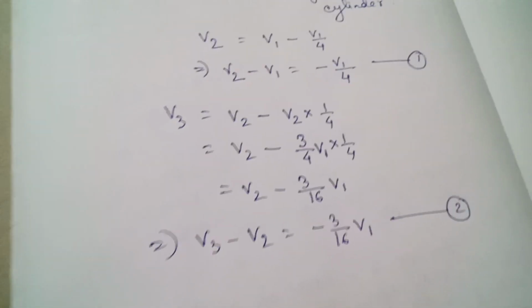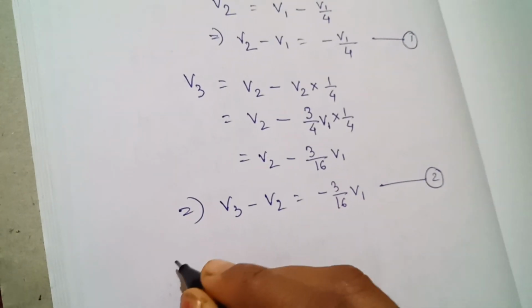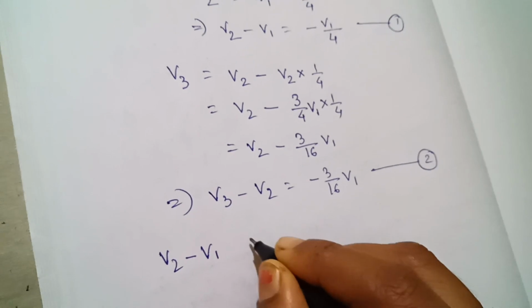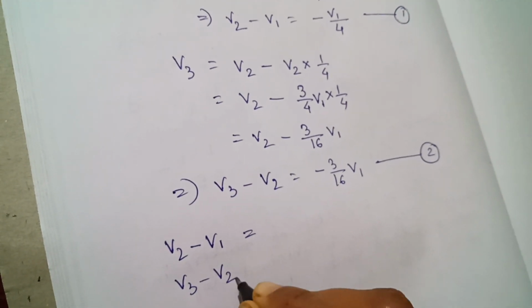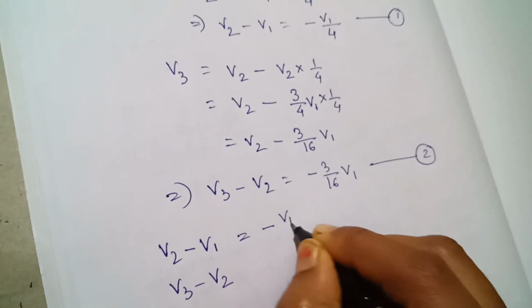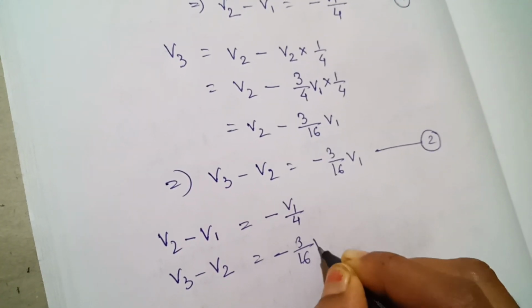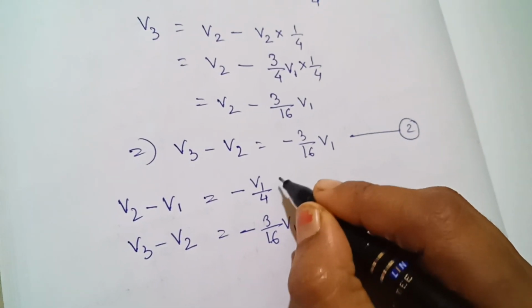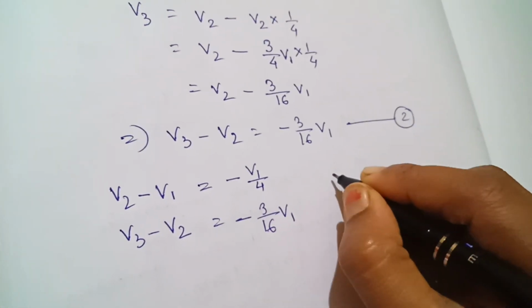Now you can see number 1 and number 2. These two are actually V2 minus V1 and V3 minus V2. The first one is minus V1 by 4. The second one is minus 3 by 16 V1. Just by looking at these two we can see that they are not equal, right?